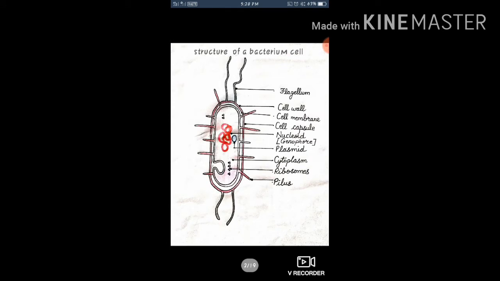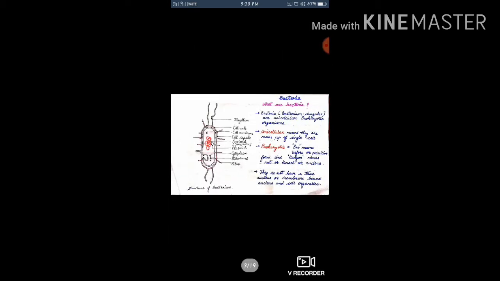This is the structure of a bacterium cell. But before explaining the structure of a bacterium cell, you should know what bacteria are. Bacteria is the plural form and bacterium is the singular form.